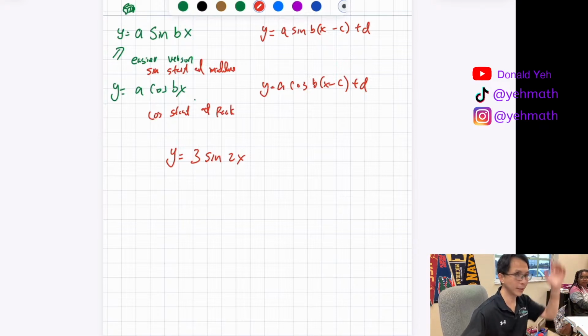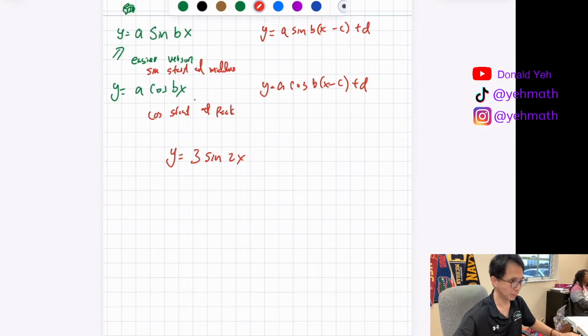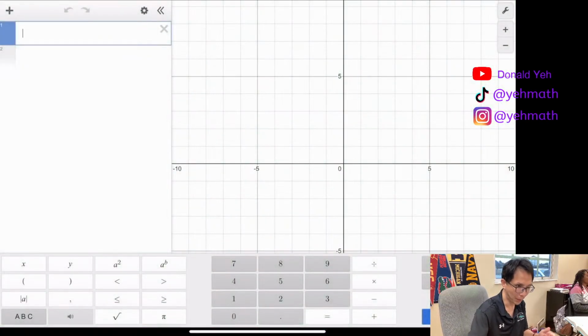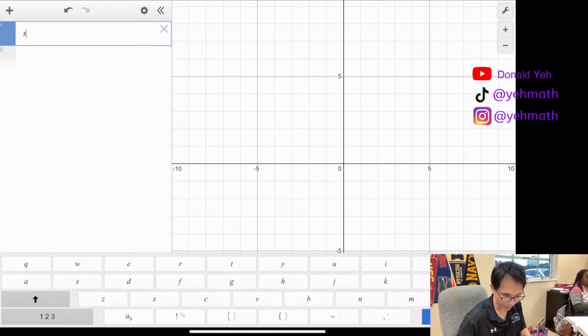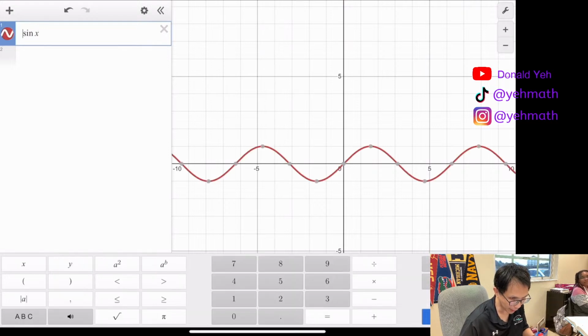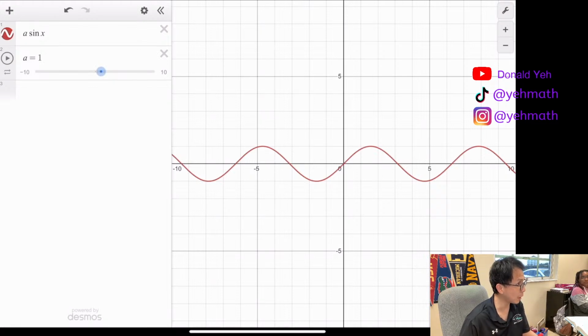First of all, what do you think that 3 does to the graph? Let's go like what Yen does. It goes like this, right? He's showing you what the graph looks like in body language. But look here: sine of x looks like this. If I put an a in the front, I'm going to add a slider. SAT, make sure you know how to use a slider.